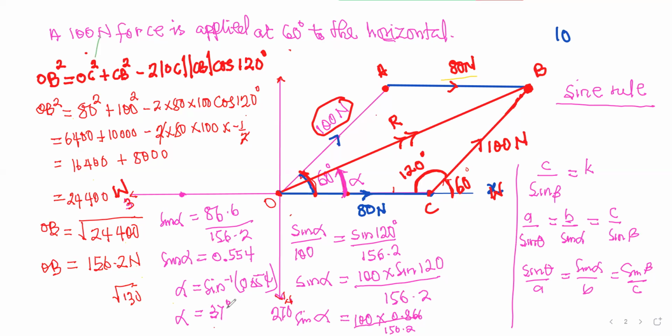So approximately 34 degrees. So this is the bearing, or the direction of the resultant force. Is there any question? If you want me to explain certain things, please let me know. Okay, so I think we are okay.